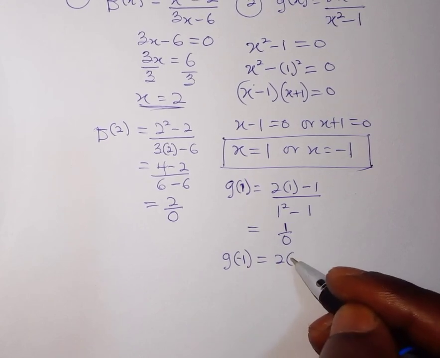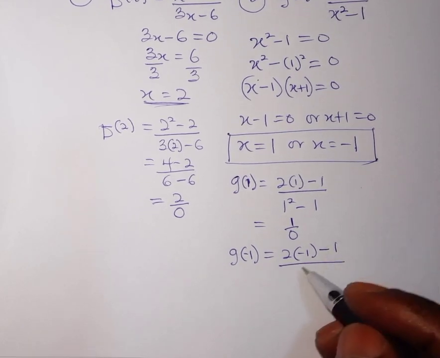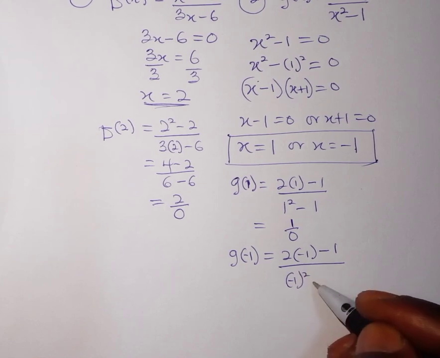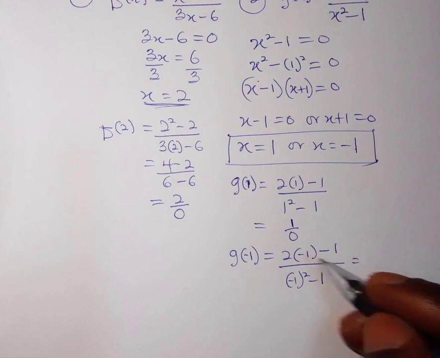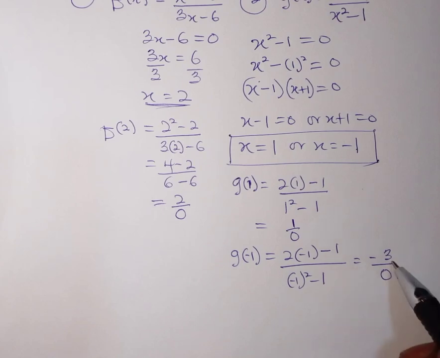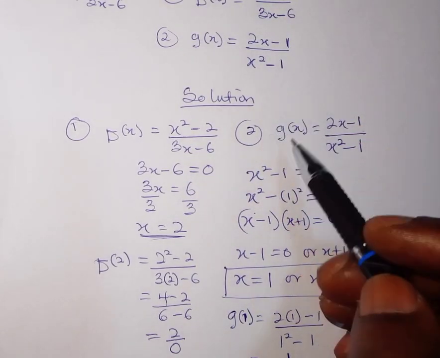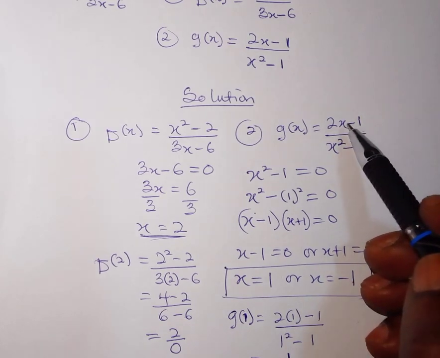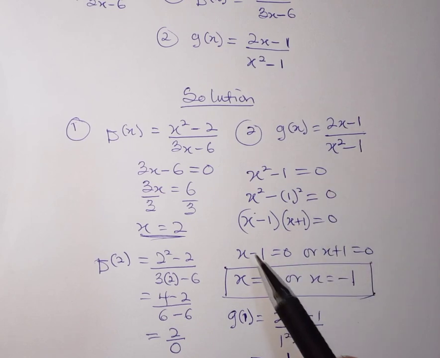So I'll have 2 multiplying negative 1 minus 1 divided by negative 1 squared minus 1, which gives me negative 3 divided by 0, and that also makes it undefined. So it is true that the values of x for which g at x is equal to 2x minus 1 all divided by x squared minus 1 are undefined are negative 1 and 1. Good.